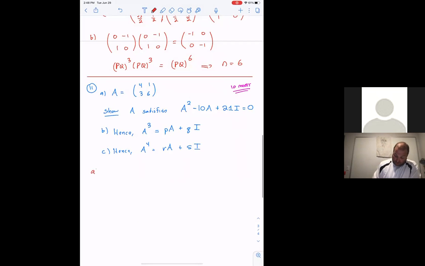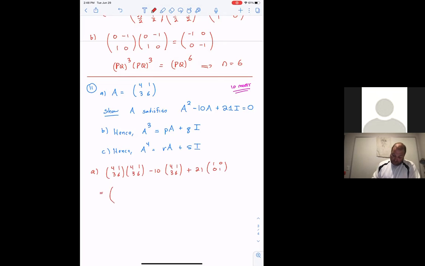Okay, so first part A, show that it satisfies that. That part's easy. We want to show that [4, 1; 3, 6] squared, or [4, 1; 3, 6] times [4, 1; 3, 6], minus 10 times [4, 1; 3, 6], plus 21 times the identity matrix. We want to show that this is equal to the 0 matrix. Well, let's see if it is.